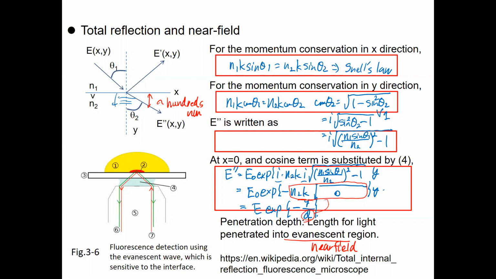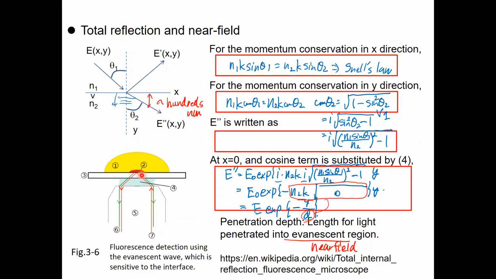One example I want to show is the total reflection fluorescence microscope, where this is the objective lens, and light is intentionally illuminated from the side of the objective lens with a very large angle of incidence to the sample.